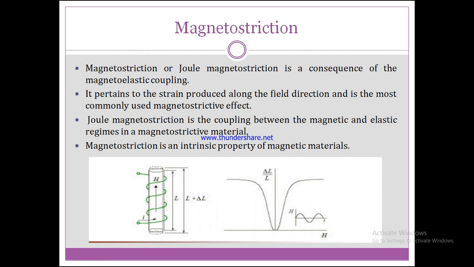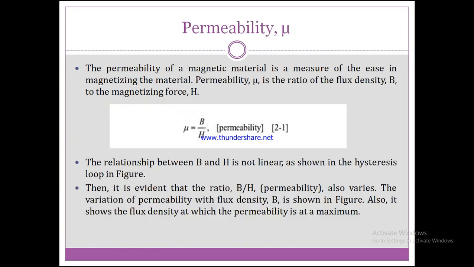The next point is the permeability, which is denoted by mu. The permeability of magnetic material is a measure of the ease in magnetizing the material.